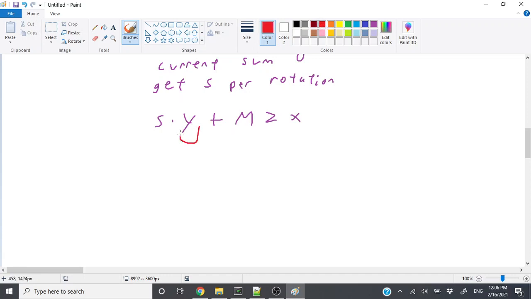So let's solve for y now. We simply subtract m from both sides to get x minus m, and then we do some division. We're interested in the smallest integer y such that y is greater than or equal to this division.